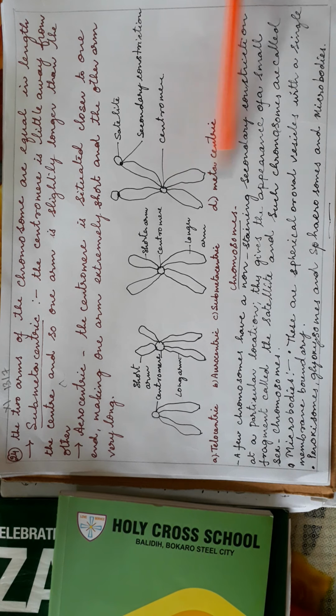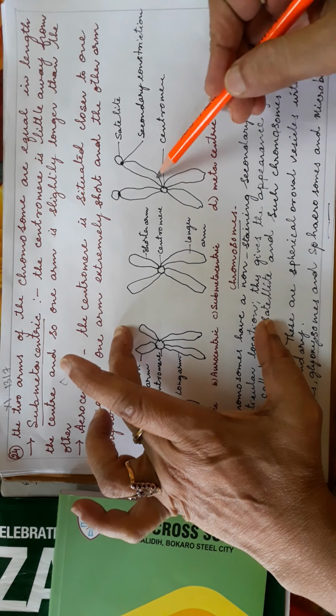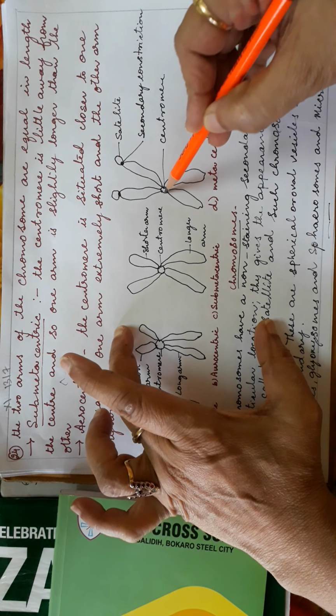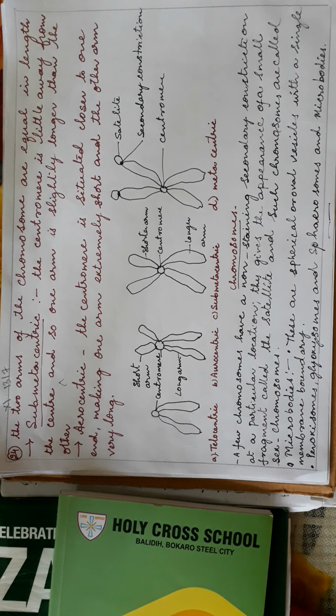Whenever spindle fibers are there, the chromosomes have to attach, and with the help of the centromere, they attach. Each chromosome has a primary constriction at the centromere. As I told you, it holds the chromatids together. The chromosome becomes attached to the spindle fiber by its centromere.